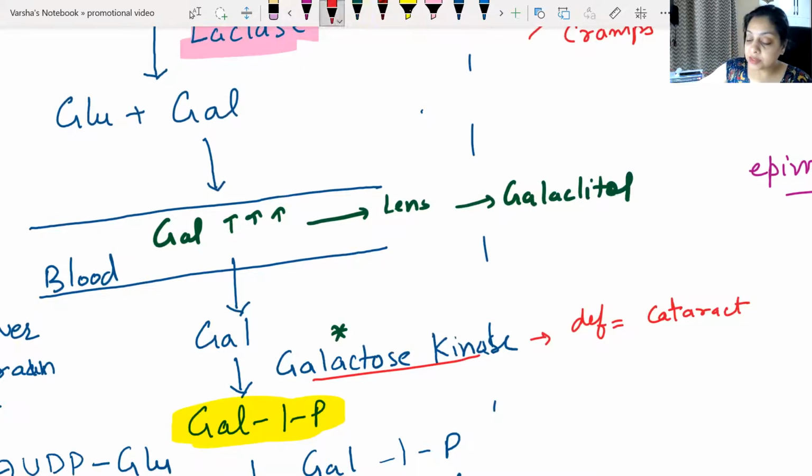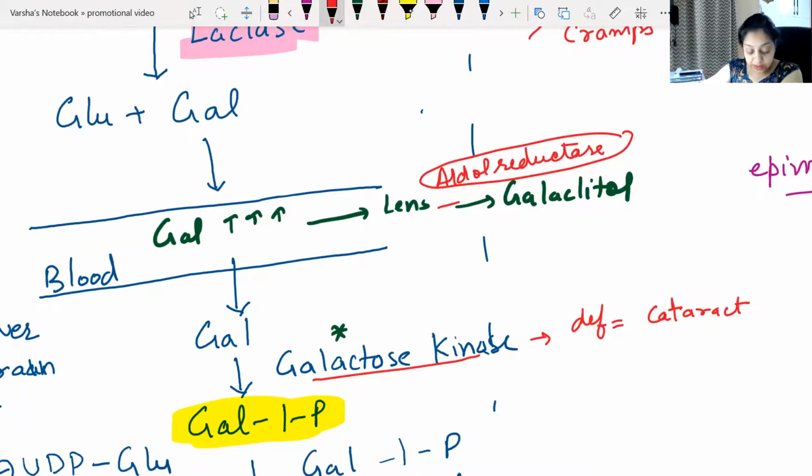Why? Because there is an enzyme known as aldose reductase. Aldose reductase is an enzyme present in the lens, which converts galactose into galactitol. And this compound, galactitol, is osmotically active.